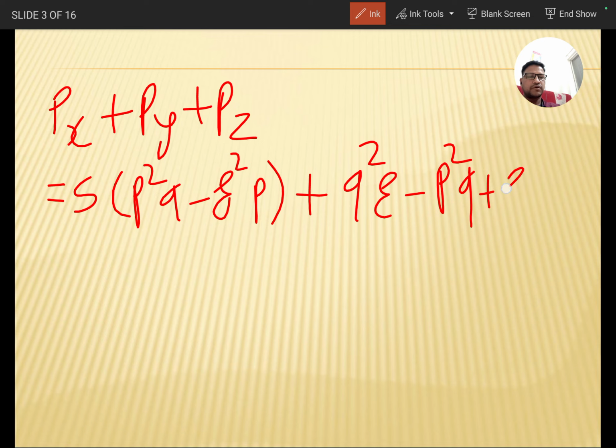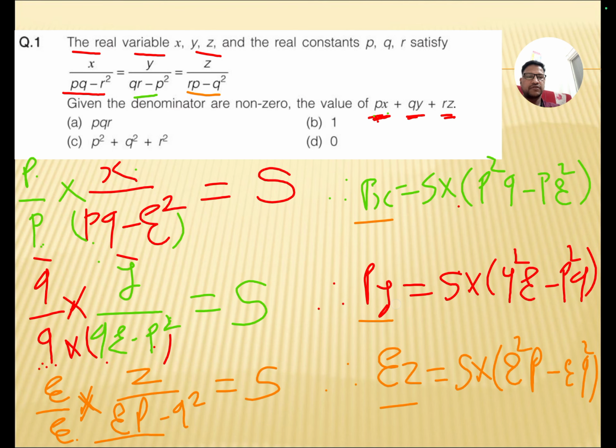Okay, not r square, this is q square r. Okay, fine.